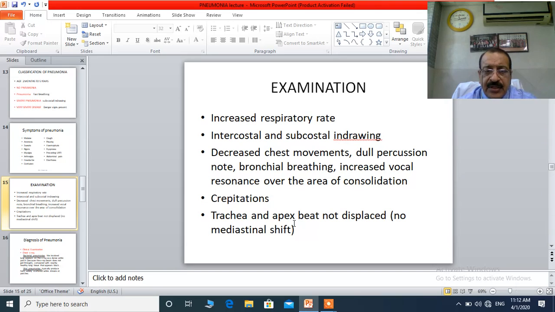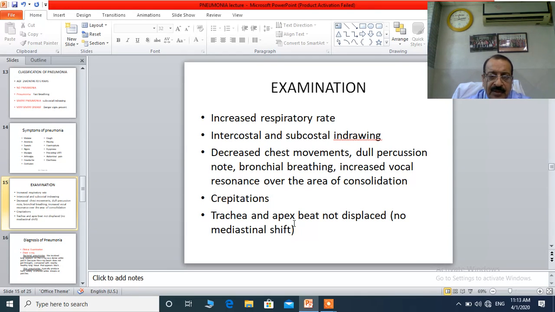We ask the child to say 1, 2, 3, and we listen to the chest. Over the area of consolidation, the sounds will be increased. Remember that in consolidation, there will be no shifting of the mediastinum, so the trachea and the apex will be normally placed.